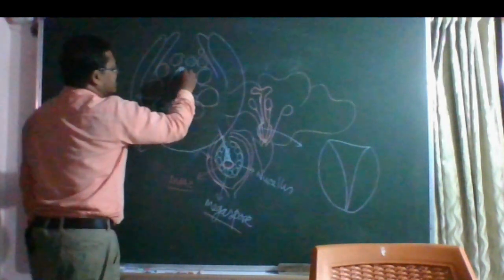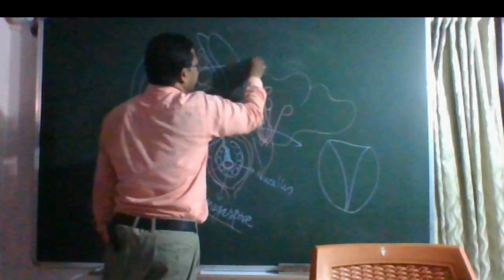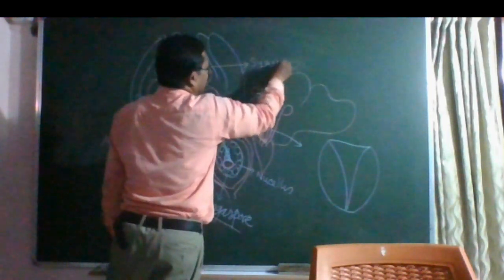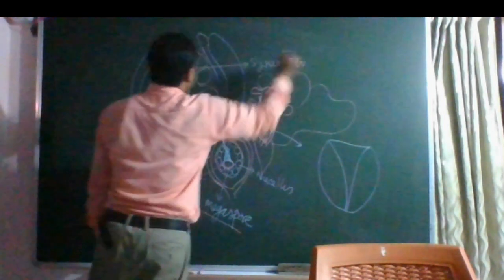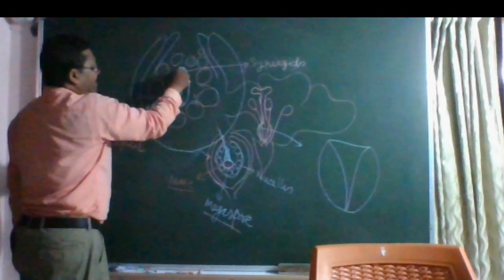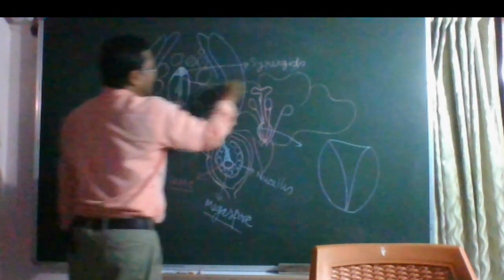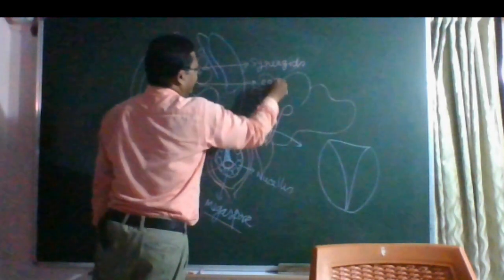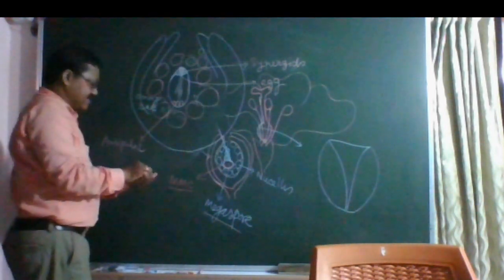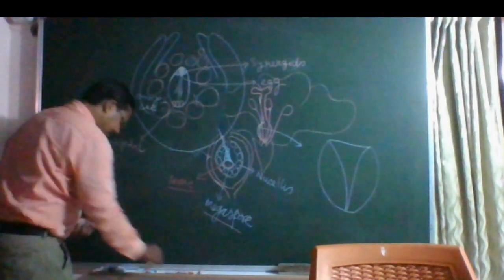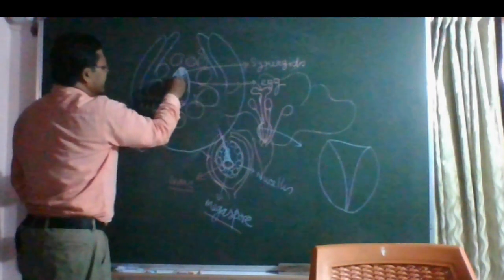And these 2 cells are called synergids. This one cell is called egg. And a central cell is present.